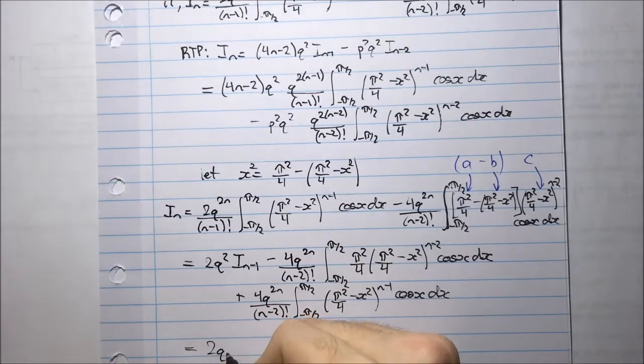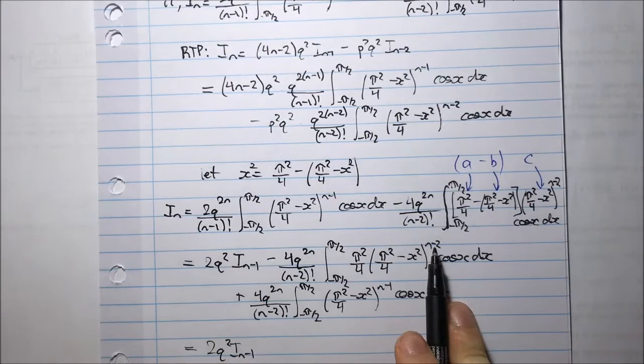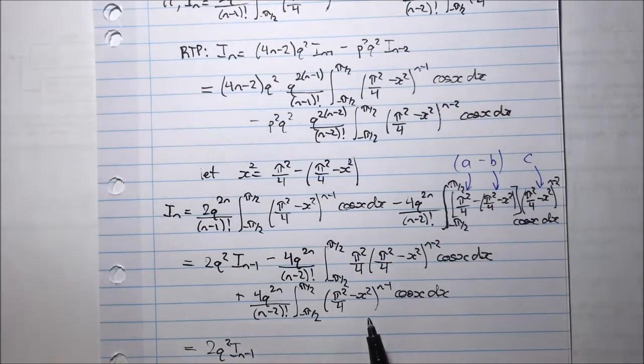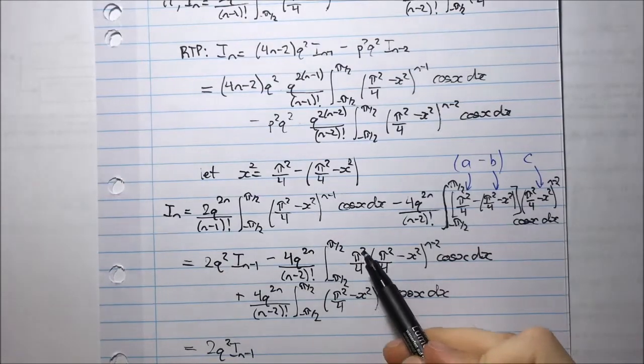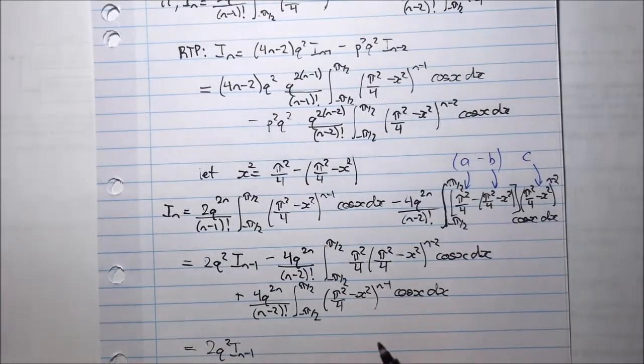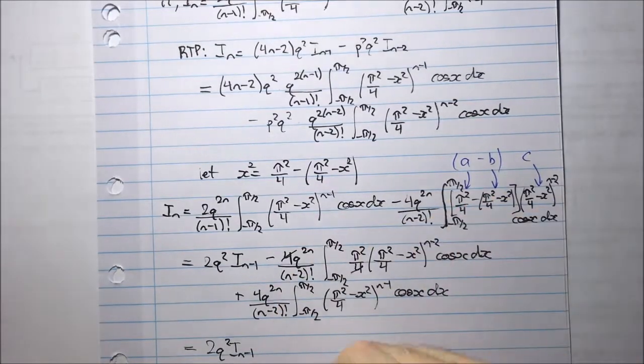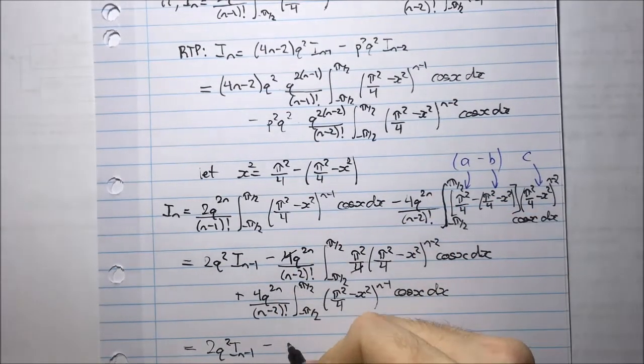The first one I still have, that's going to stay as is. Now, this is an n minus 2, so I want to try and write it as I_{n-2} in some way. Firstly, I'm going to notice that pi squared on 4 is just a constant. I can pull that out the front, and when I do that, I can cancel this 4 with this 4, and I'll have minus pi squared.